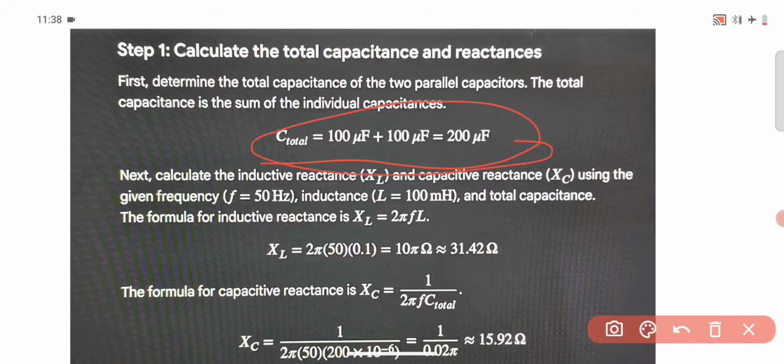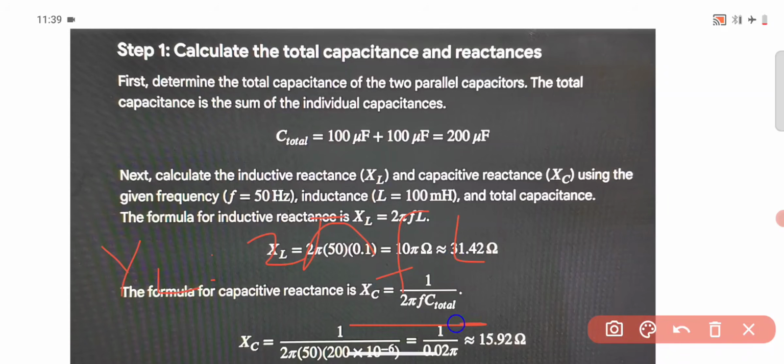Now we will calculate inductive reactance and capacitive reactance, that is XL and XC. As we know, the formula of inductive reactance is equal to 2 pi FL, and for capacitive reactance you can see here.